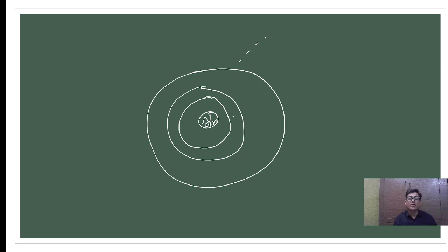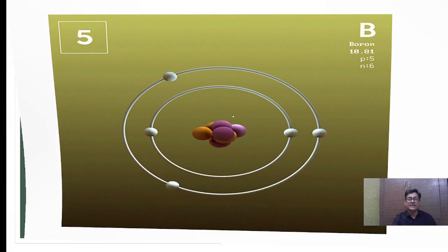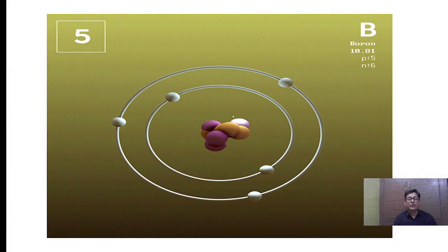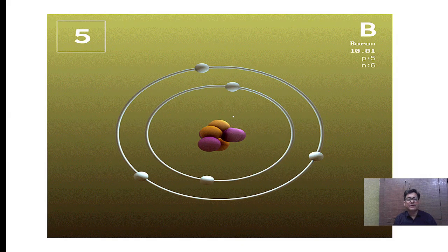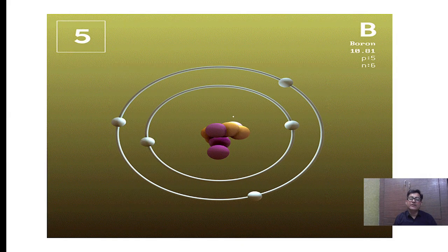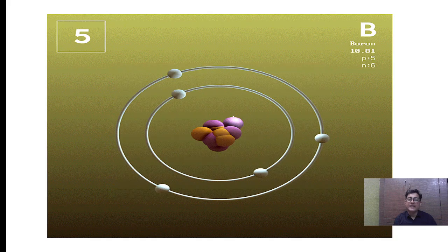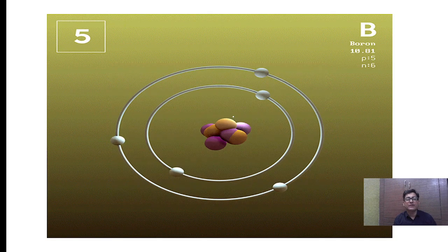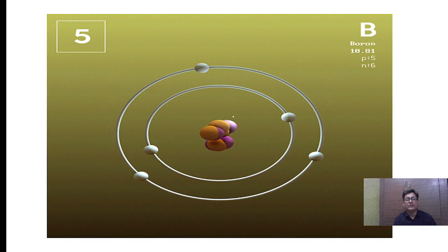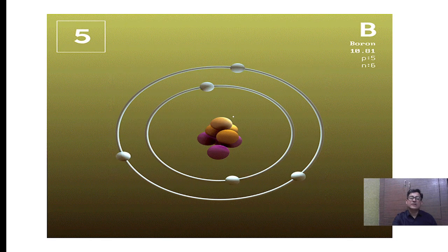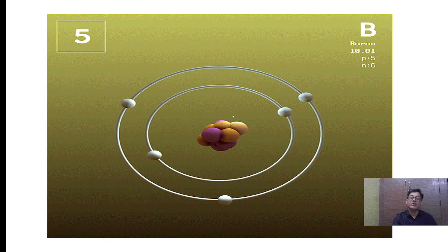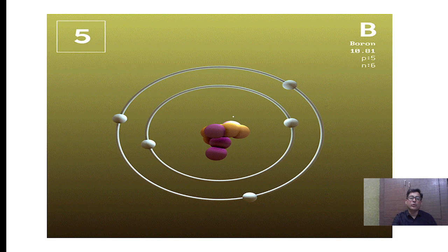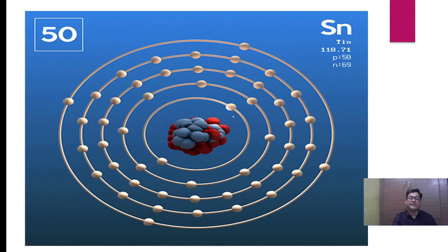If we apply Bohr's model to a multi-electron atom, it appears as you can see on your screen. At the center of an atom, protons and neutrons are present and electrons are moving in well-defined circular paths called orbits. This is the atomic model of boron, and the second one is of tin.